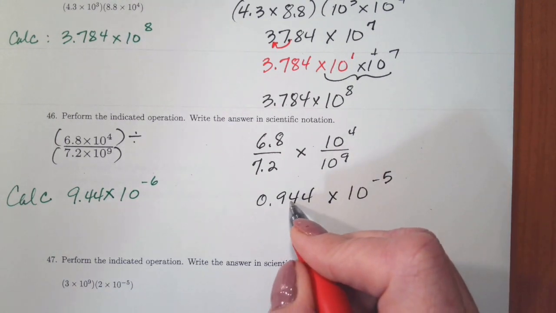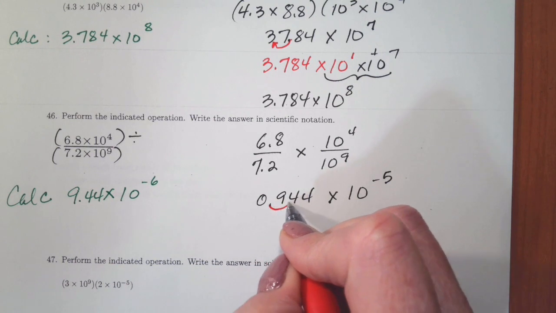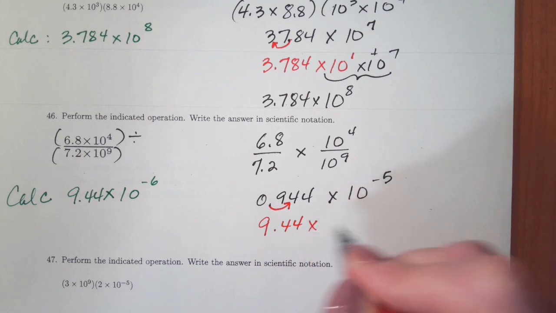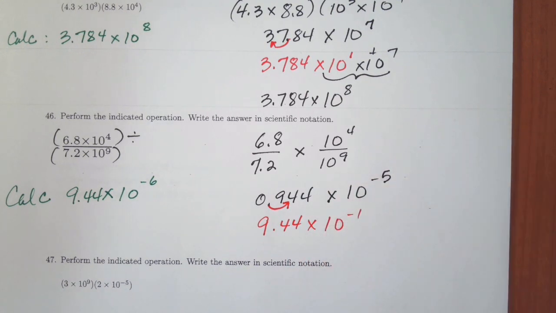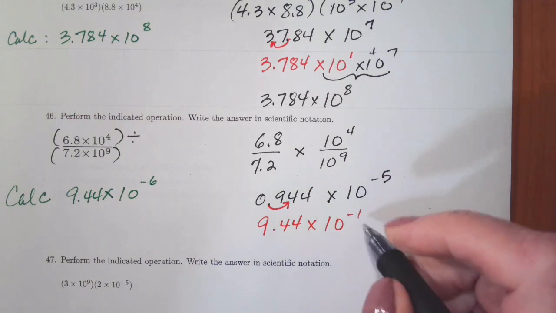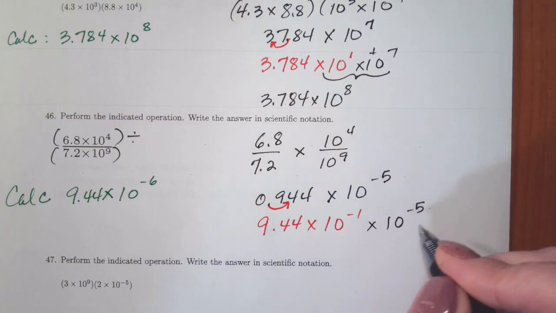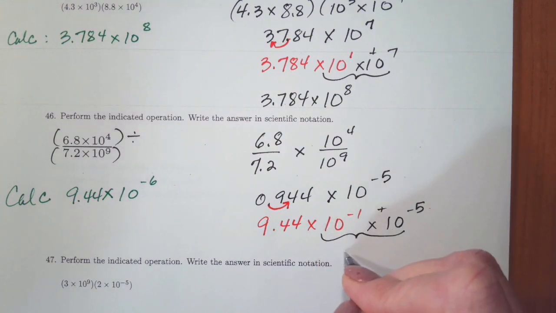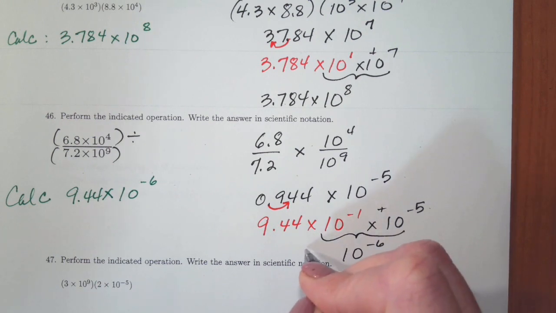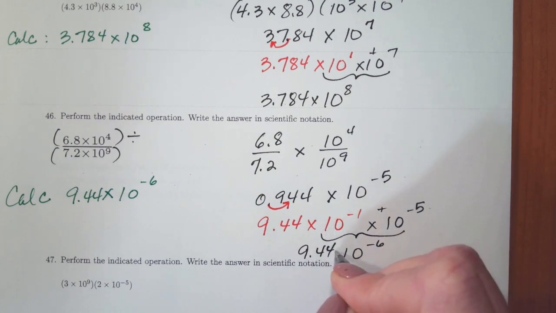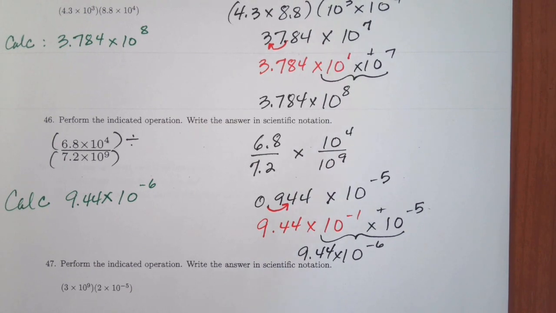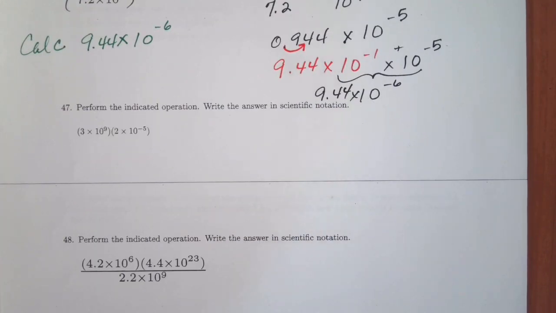Well, this is smaller than 1, so I need to move this over 1 decimal place. So this becomes 9.44 times 10 to the negative 1 times 10 to the negative 5. When I add these exponents, that becomes 10 to the negative 6, and I have 9.44 times that. Okay.